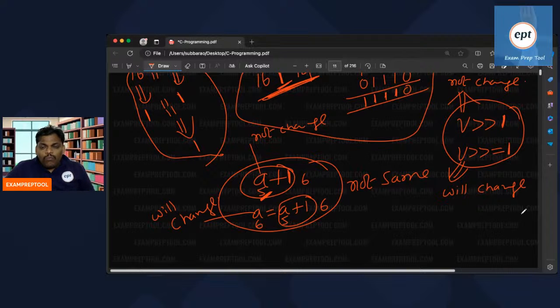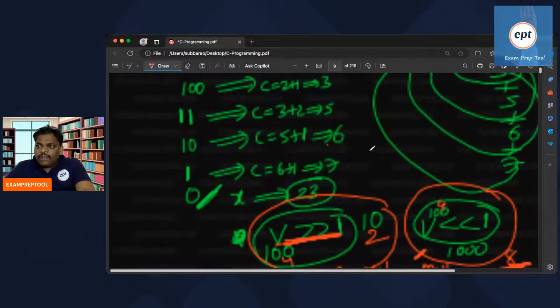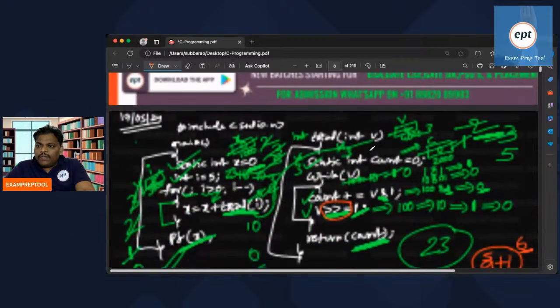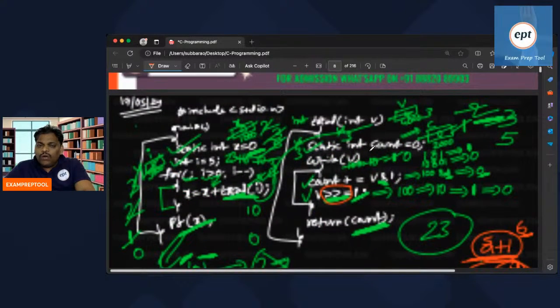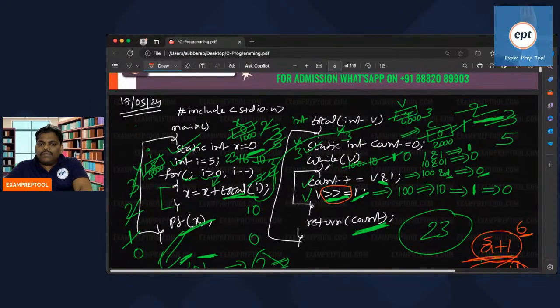See, one problem, see how many basics are there. The purpose of this program is you have to understand. The first thing is what is static.